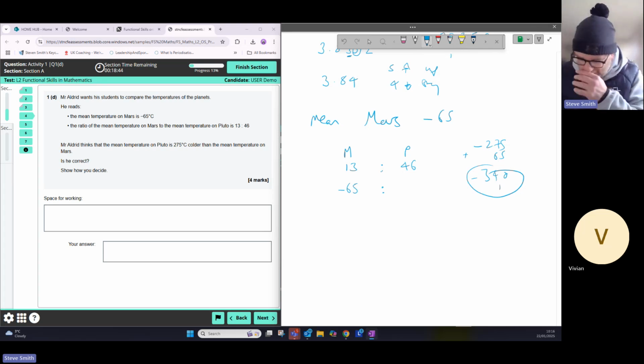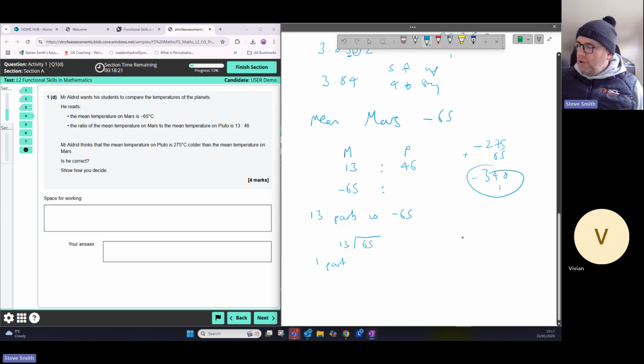So let's have a look at how we're going to do this sum. We know that of our ratio, it's saying that 13 parts is -65. So if we divide 65 by 13, we'll know what 1 part is.